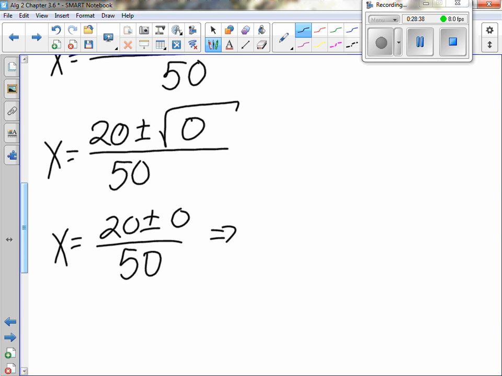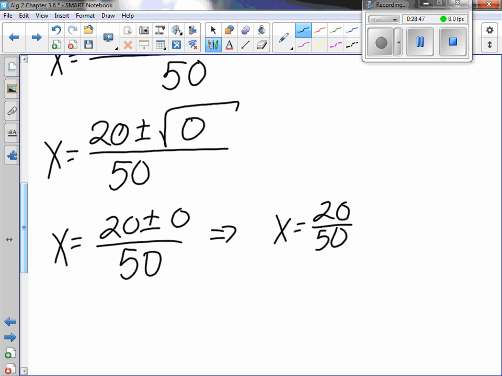Does adding or subtracting 0 change anything? No. So we really just get 20 over 50 because adding or subtracting 0 doesn't do anything, so we can just drop it.